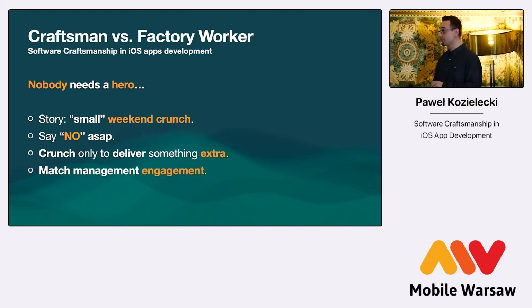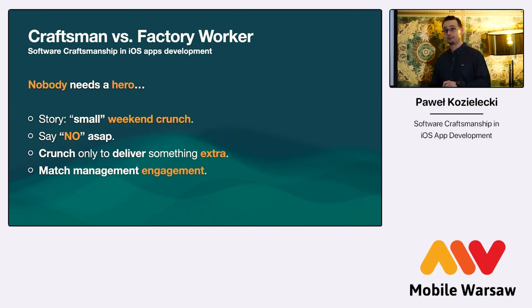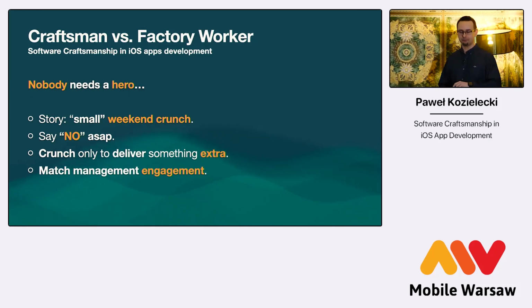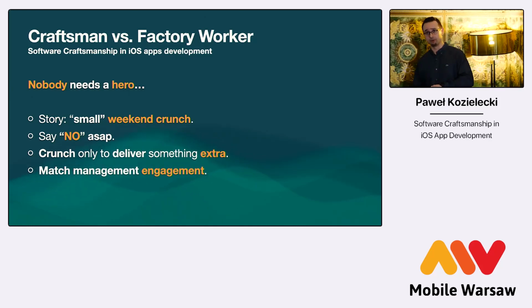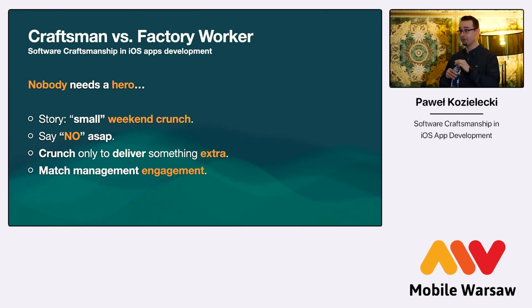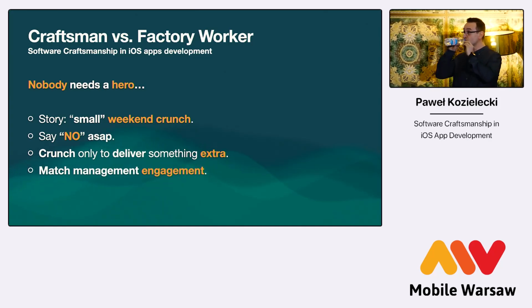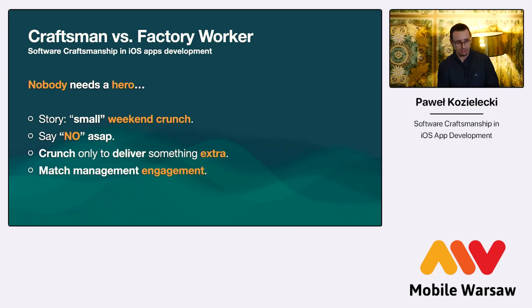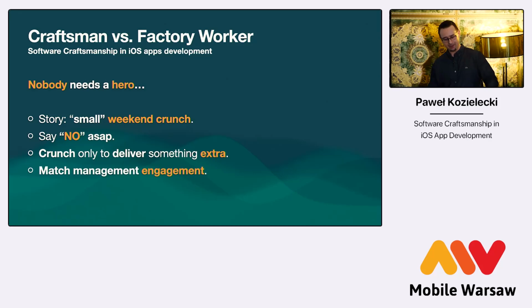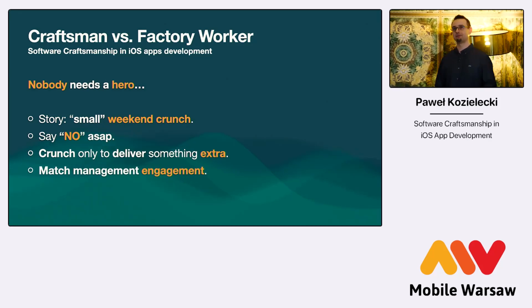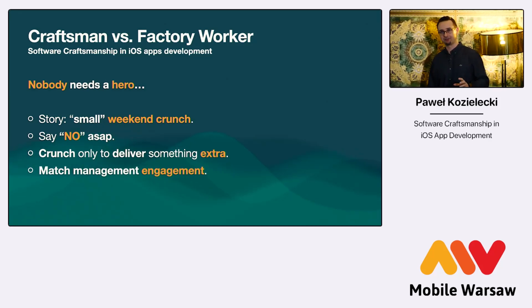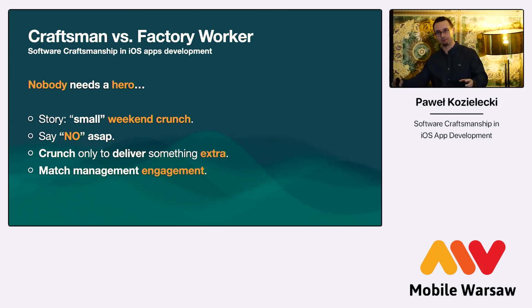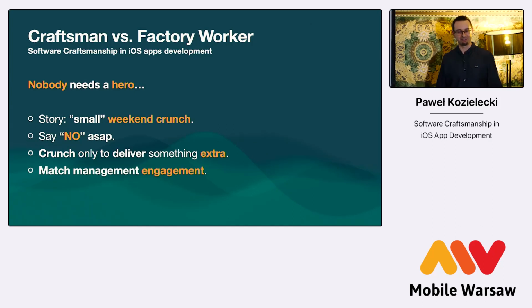Also, equally important, which I really liked doing back in the office days, when we were going to the offices, is to match management expectations for engagement. By that, I mean, whenever I was asked to save a company, I always asked, okay, so if it's that important, I understand that you will be staying with me in the office throughout all the time I'll be implementing that feature, right?